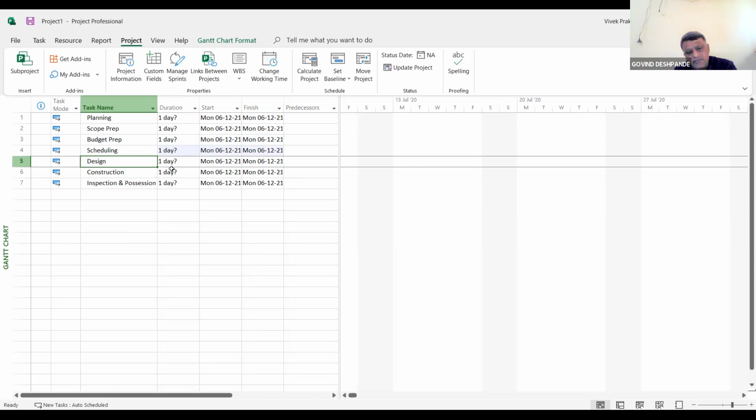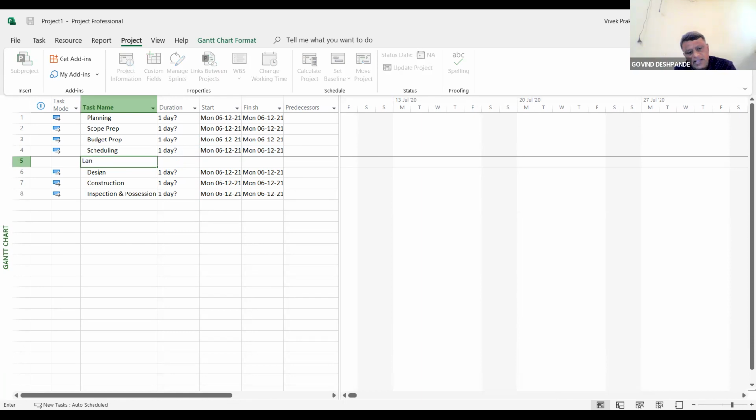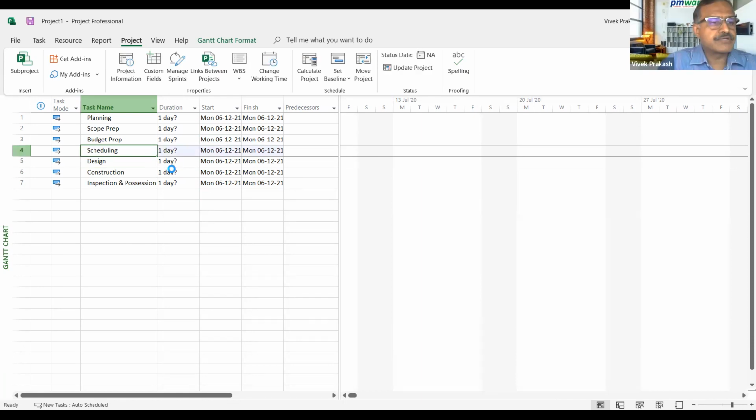Yes. Acquisition of land. So land acquisition, from where will it come? Land acquisition before planning or after planning? Should be before planning, right? No, it's a part of planning, sir. Okay. So let's say first should be land acquisition.